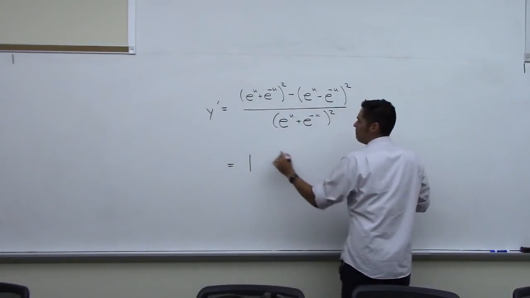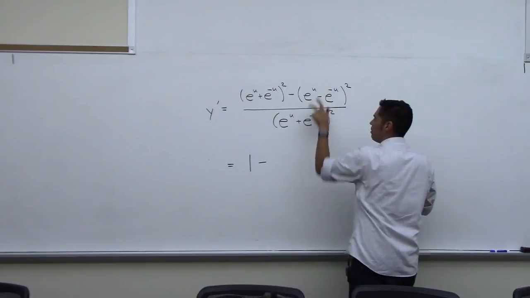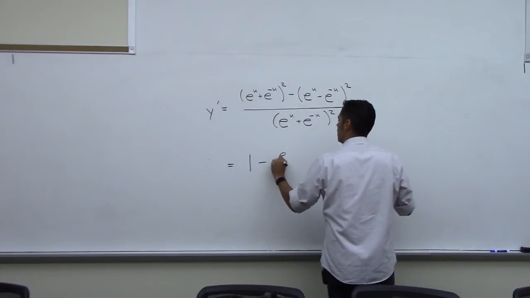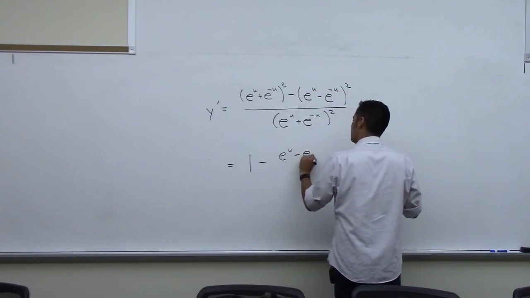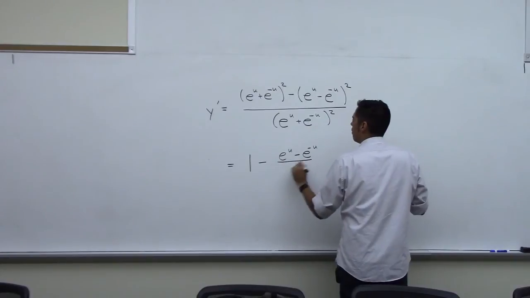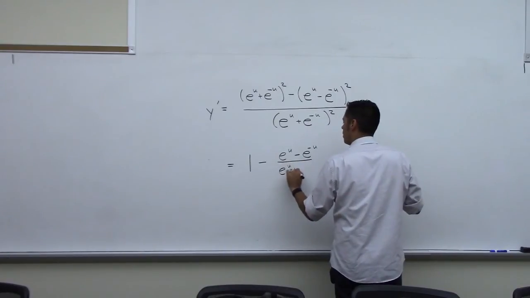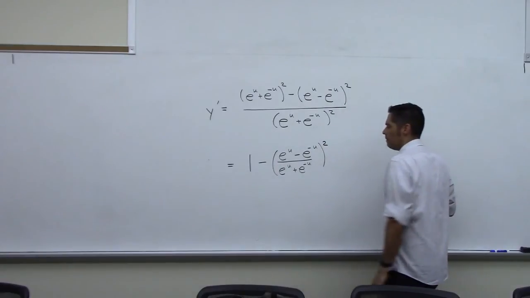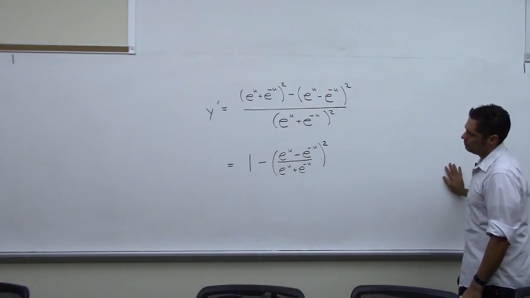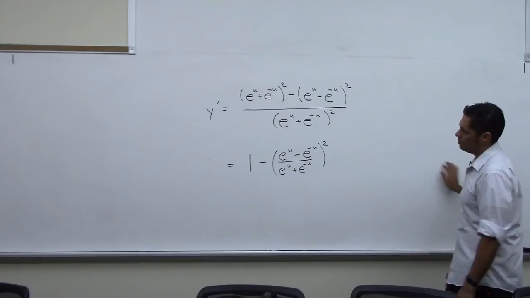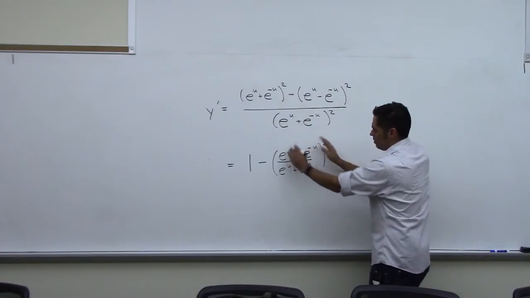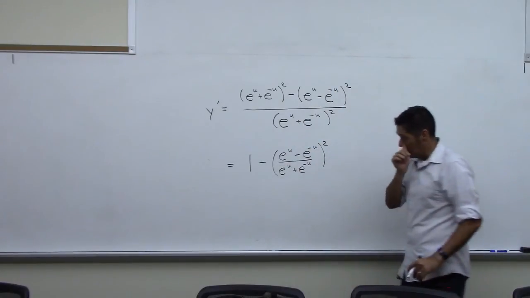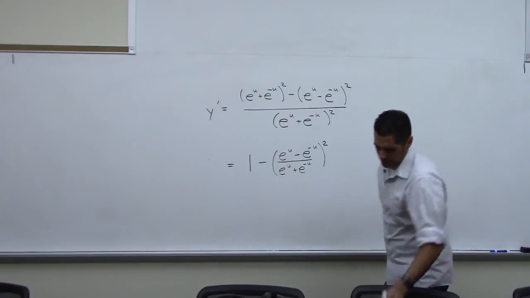Then we'll have minus, because that's a minus, this over this, which I could write as e to the u minus e to the negative u over e to the u plus e to the negative u, all of that squared. So instead of squaring each one top and bottom, I just put them in a parenthesis and squared it. I'll leave it like that.